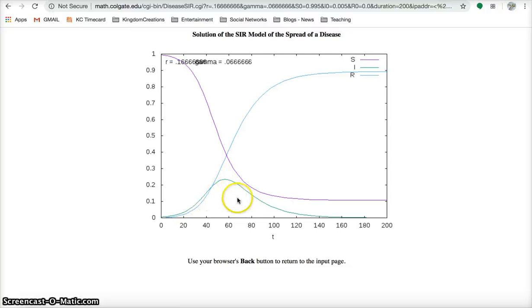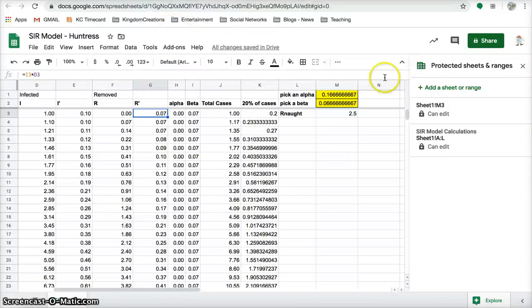And so what I'd like you to do is go into our model and try to change these numbers to see how you can flatten this curve in different ways, and describe that to me in the comments, or write something up for me to show me what you've determined.